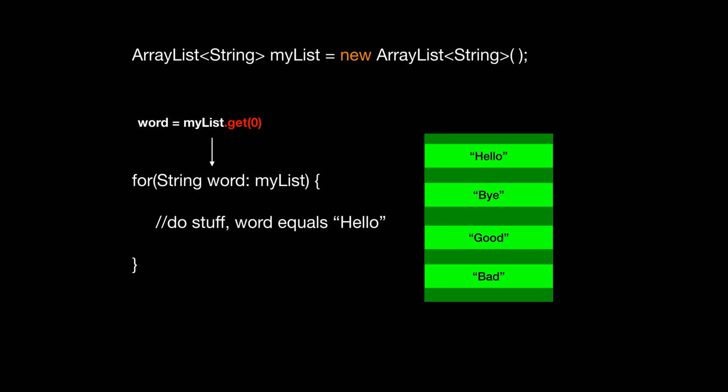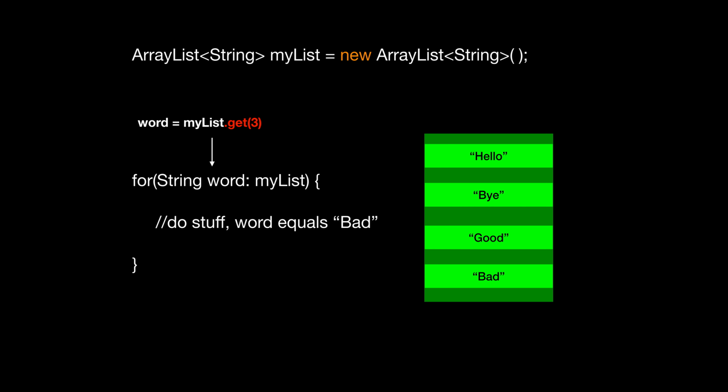In this case, we start with get 0, and then once we're done doing stuff with that variable, we can go ahead and go to the next one, which is get 1, and then get 2, and get 3, and it's going to continue to do this until there are no more things to get. And it's going to know that the index has reached the end of the collection, and it's going to stop iterating through it.